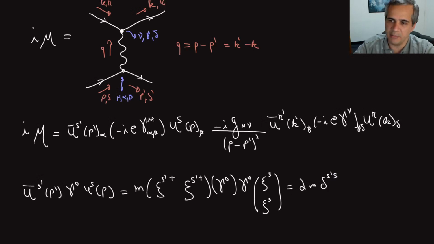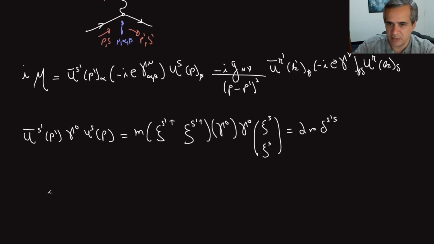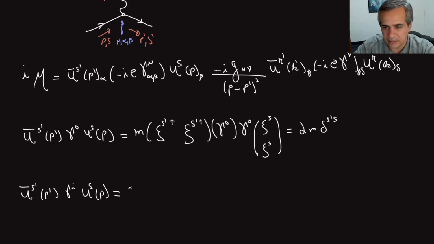What about the gamma i, the other three components for this gamma in the middle here? In this case, what I have is u bar S prime, P prime, gamma i, u S P. Again, I have to use the non-relativistic limit for these. It's just m psi S prime dagger, psi S prime dagger.